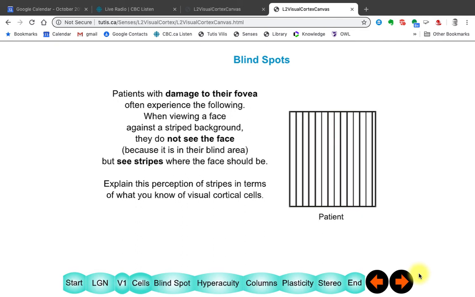Okay. Remember those end-stop cells? If there are patients that have a scotoma or a blind spot, a little blind spot that they can't see.